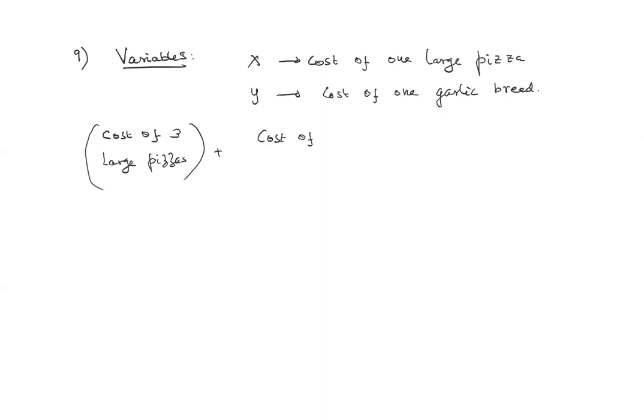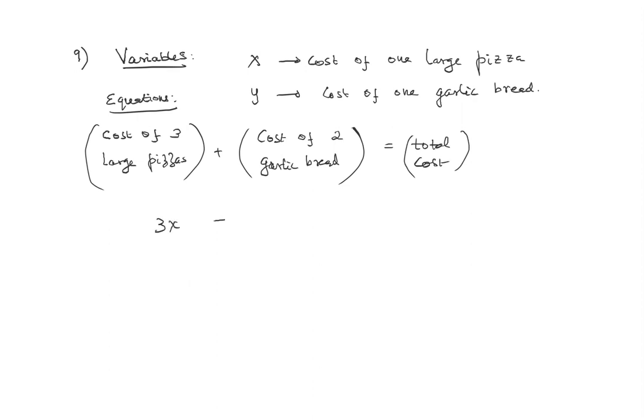So now we are writing the equations. This equals the total cost. So how am I going to write the equations? 3x plus 2y equals 26.75.